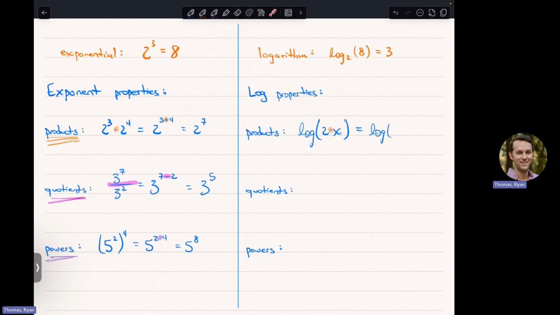In a sense, we're reversing or working backwards from this process, right? This multiplication that's happening here, because we're taking a log, what we're really talking about are what goes on with these exponents. So this becomes the log of 2 plus the log of x.